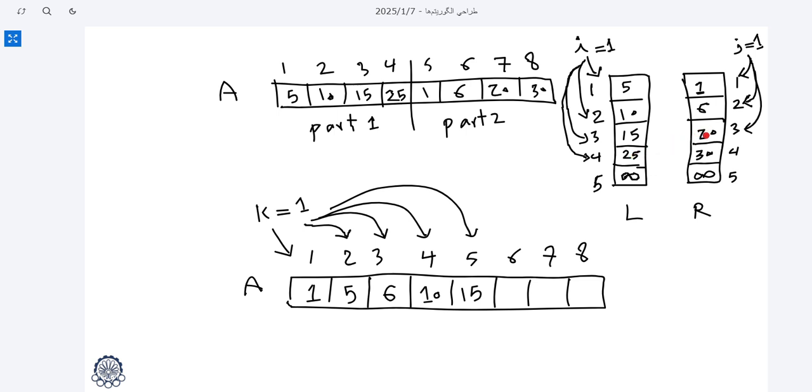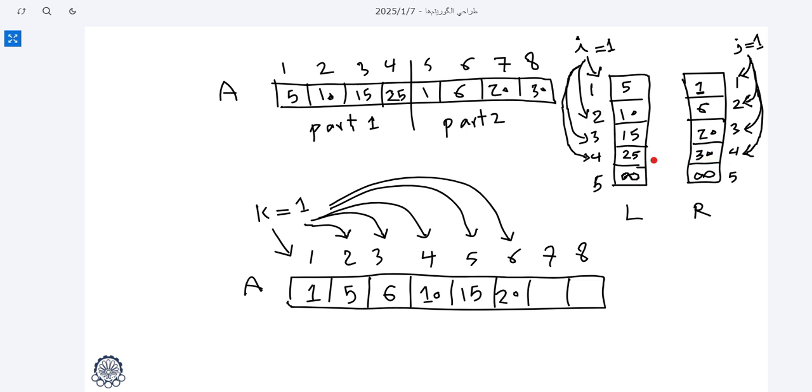Here 20 is minimum, so 20 is copied to A and index of A is increased, and also index of j is increased because the index of the minimum is increased. 20 was minimum, so its index is increased.